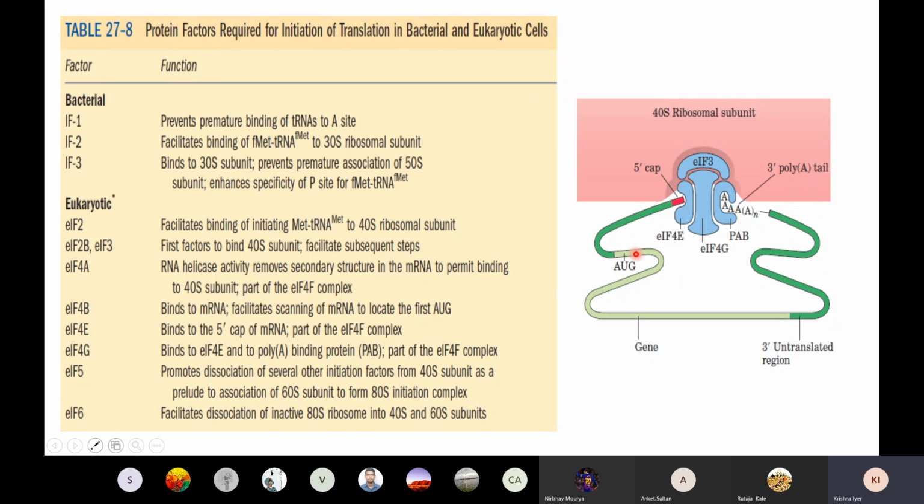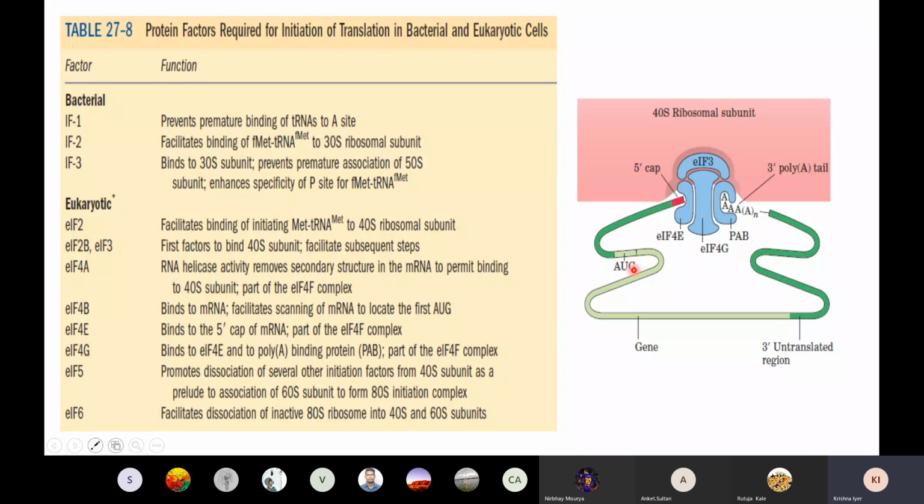Okay, so here it's slightly different because in eukaryotic RNA there are a lot more signals, this cap and this poly A tail, that make the job a little easier. There is no need for a Shine-Dalgarno sequence and stuff like that. What it simply does is look for this cap, and look for the poly A tail that tells it the mRNA is mature. Then relative to the 5' cap, you just go and search for the first AUG, and that will be the initiating AUG.